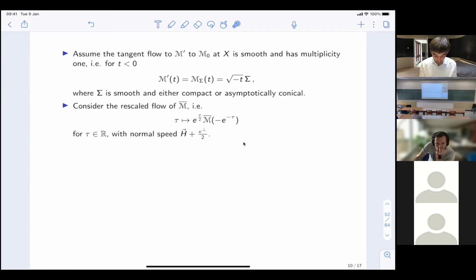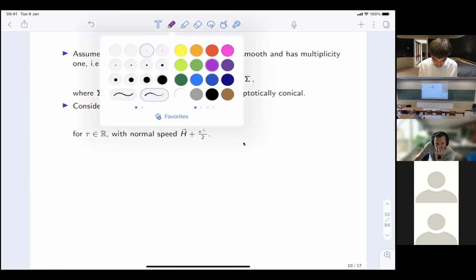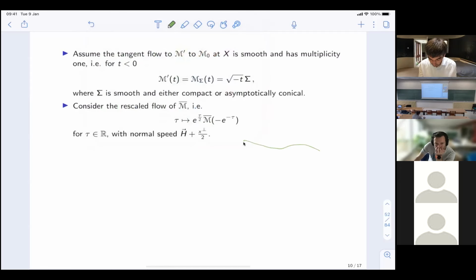But you see this flow on the outside, you can also rescale it like this, and you get a flow which in this rescaled picture, you have here the shrinker. Now this is stationary, and this outside flow will be something which just lives out here, or inside, just on one side.